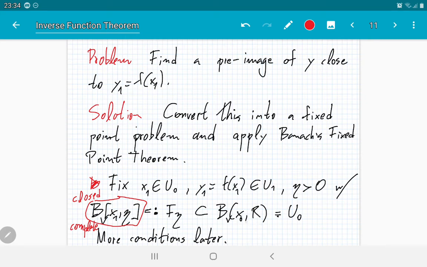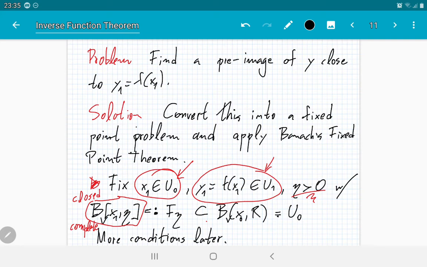We take y1 in u1, and that guy has a preimage, which is x1. And I take a closed ball of radius eta, call it f sub eta, so that this ball is contained in the open set U0. Of course, I can take eta positive here, because U0 is open. And so now I have a ball around this guy that I know is a preimage of y1, and this ball is entirely contained in U0.